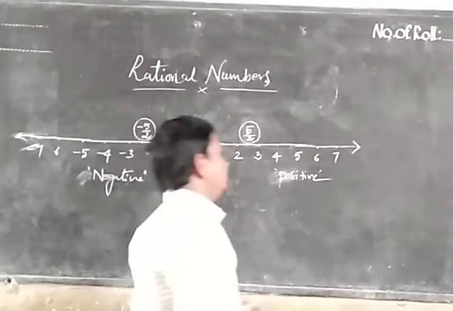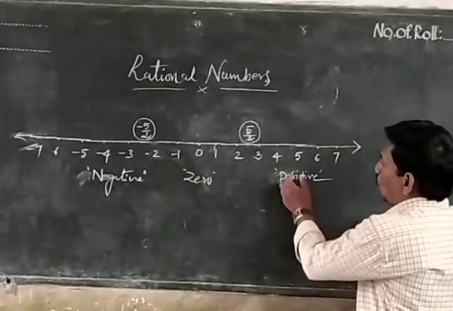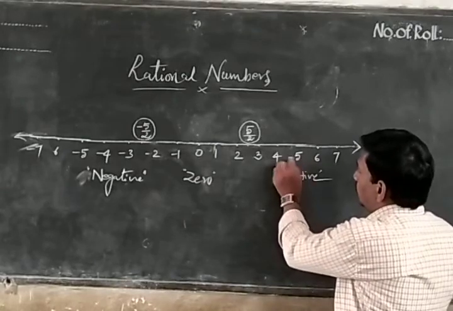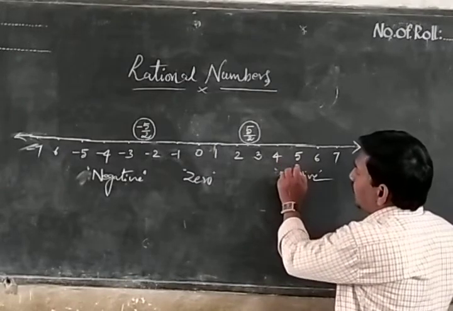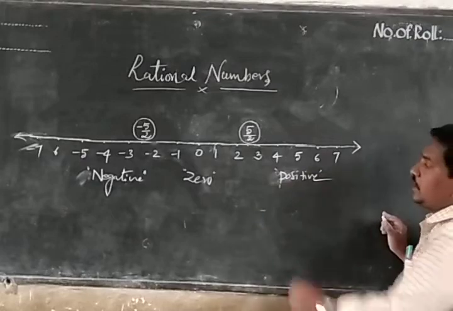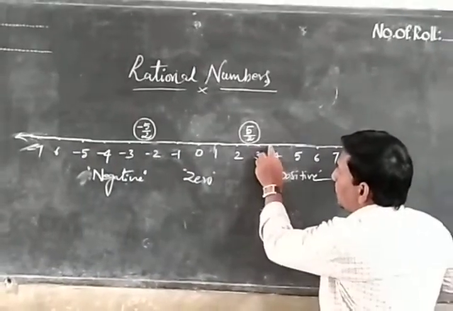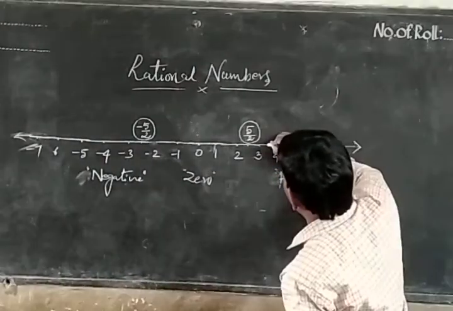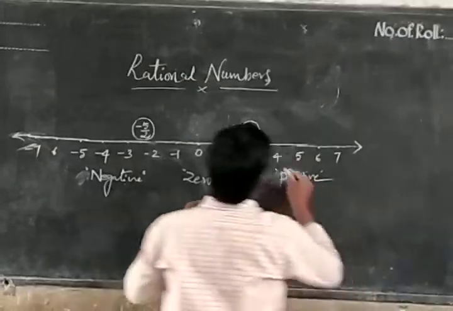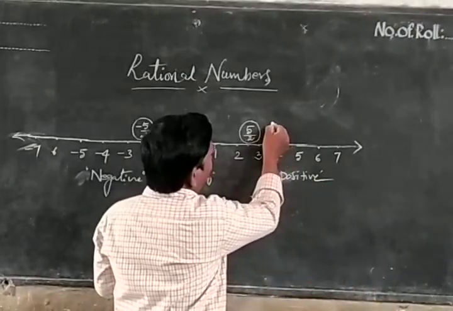Okay, again, what is 7 by 2? 7 by 2 means 3 and 4. What is the number between 3 and 4?